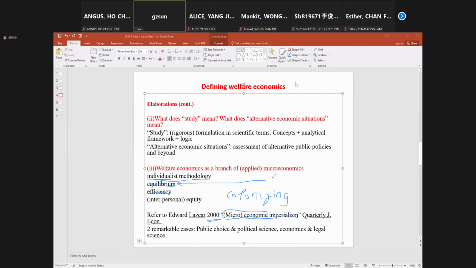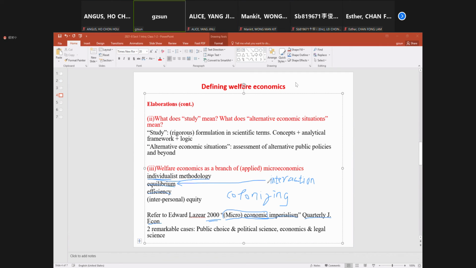What's equilibrium? Physicists also talk about equilibrium, but they mean something completely different from what we economists mean by equilibrium.